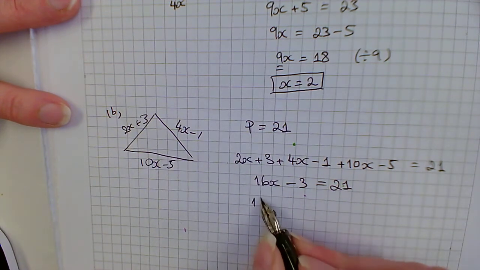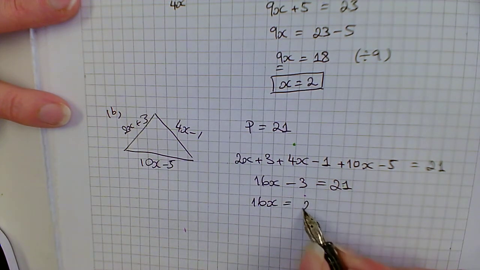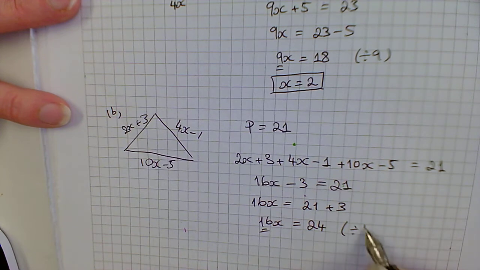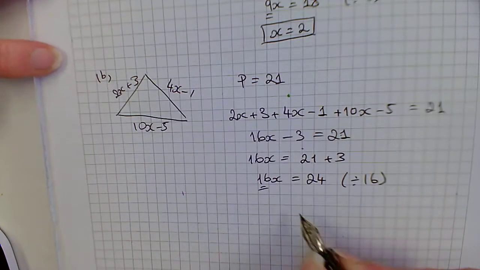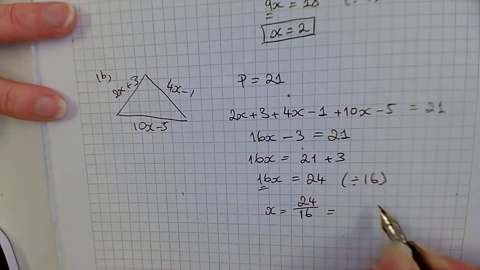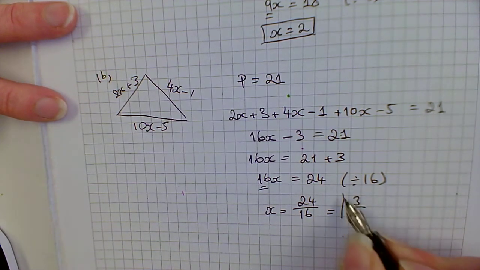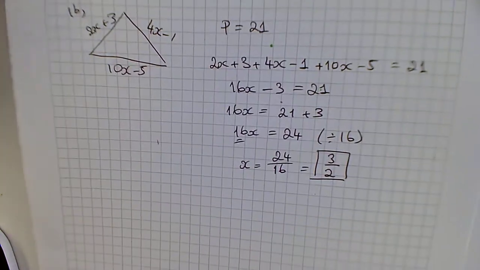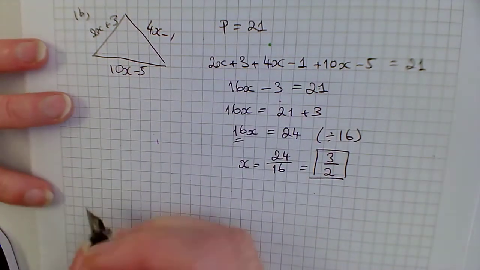Then bring the 3 to the other side. 16x is 21 plus 3. So 16x is 24, and I divide across by 16. So x is 24 over 16, which simplifies to 3 over 2, or 1.5. So it's fine to get fractions in the answers, especially at higher level.